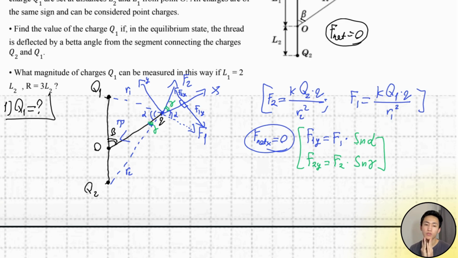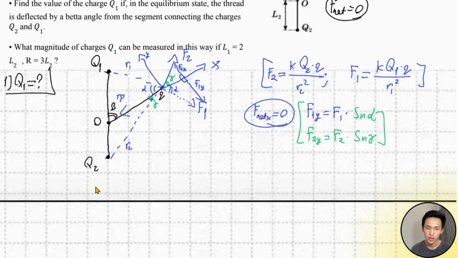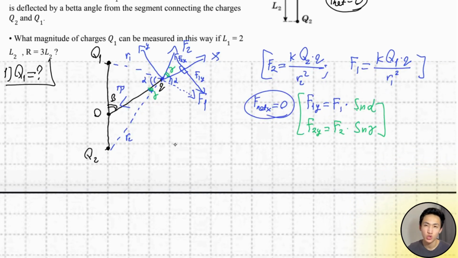So what will we do? We will solve it according to geometry laws, the wonderful cosine theorem. According to the cosine theorem, there is L1 here and L2, and R is the radius here.